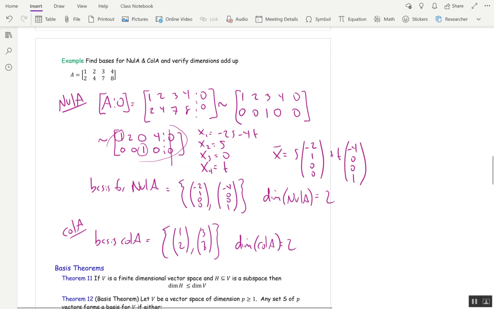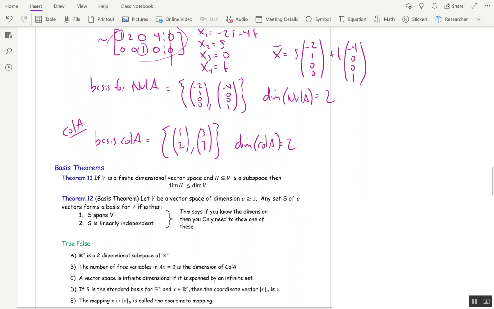Okay, a couple of basis theorems. The first one makes sense. If you have a subspace of a vector space, H is a subspace of V, the dimension of H should be less than or equal to the dimension of V. All right, and then a very important theorem called the basis theorem says that typically for a basis you have to show two things, span and linearly independent.